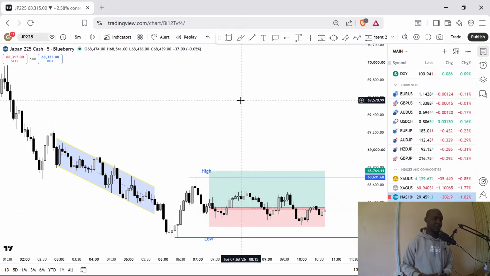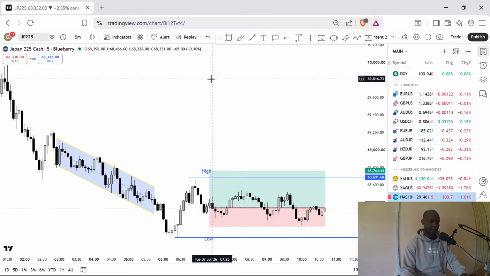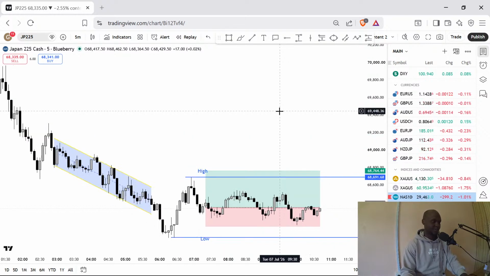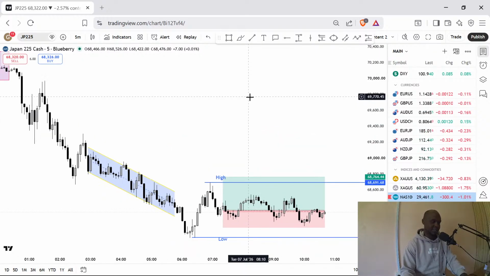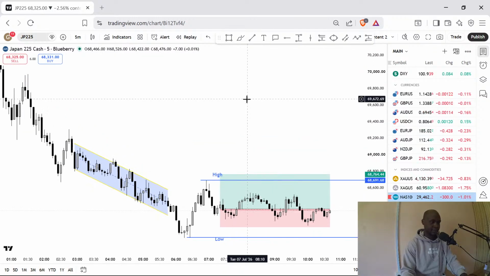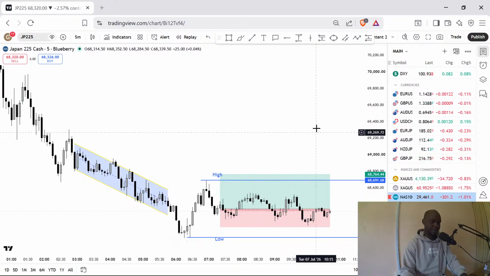As I said, the good thing about today is we do not have any high impact news coming out, so I don't have to worry about spikes in prices, having to close the trade before the news release. So that is the ideal thing about today's trade, apart from the fact that it has just been really corrective around my entry area.